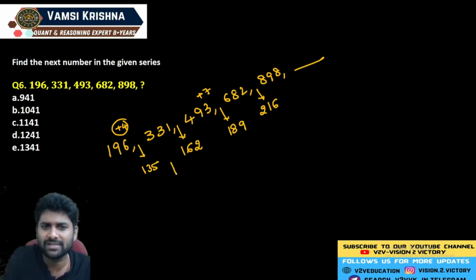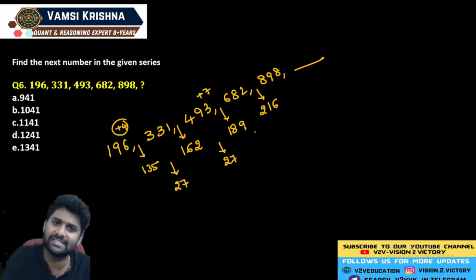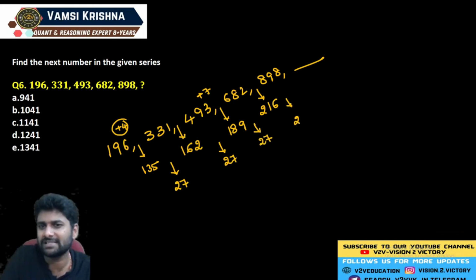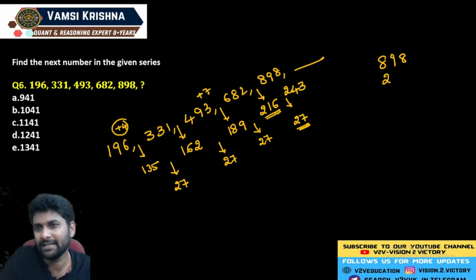Again, find the double difference. What is the double difference here? It's a difference of 27 units, again 27 units. See, if you go through the double difference, it's a common value, guys. It's increasing exactly 27 units. So 216 plus 27 is 243. Now the answer is 243.